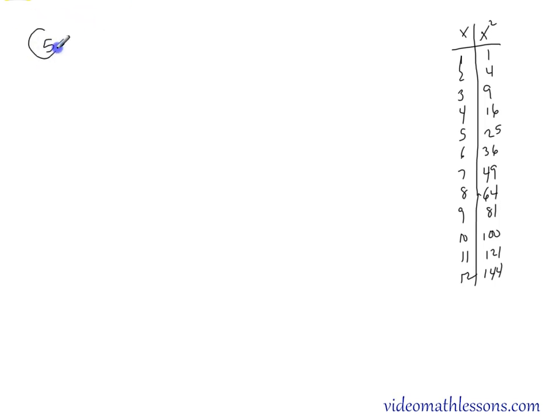Let's try another one. 2 rad 128. So once you use the method, figure out what's perfect in radical 128 and see what goes in there.